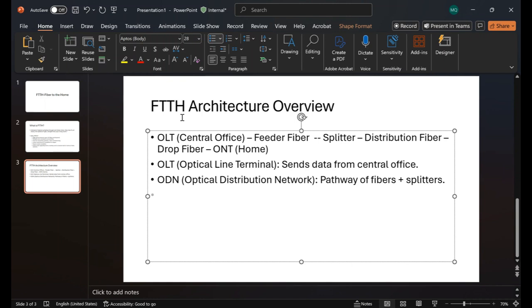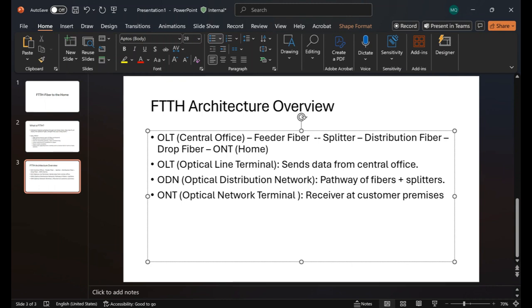Number three, ONT, optical network terminal, receiver at customer premises.